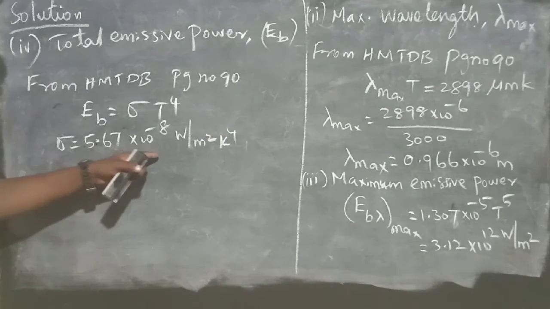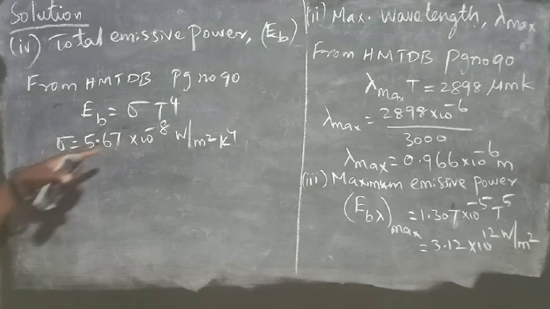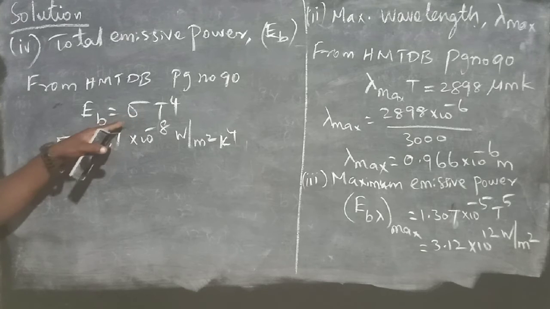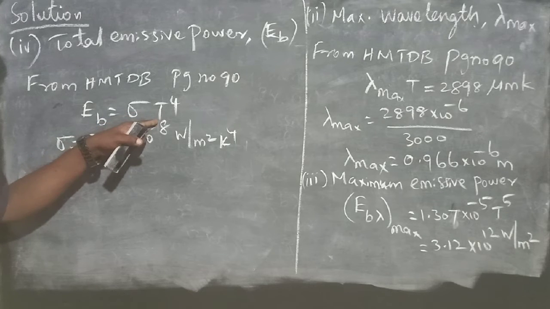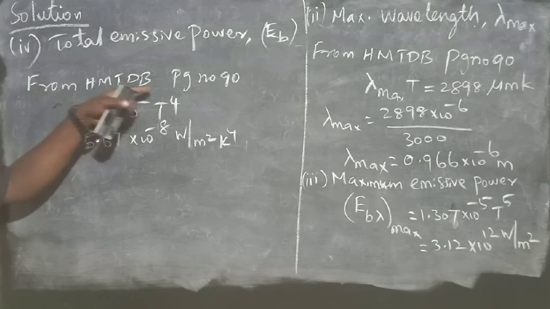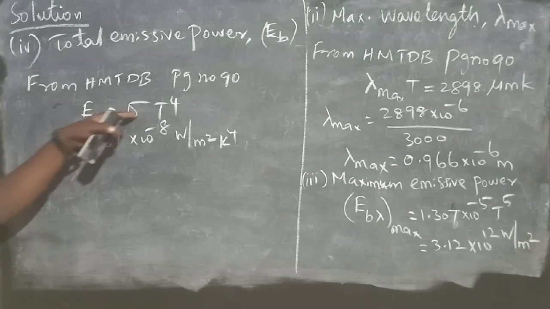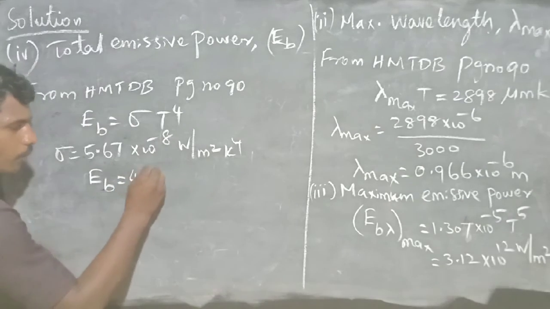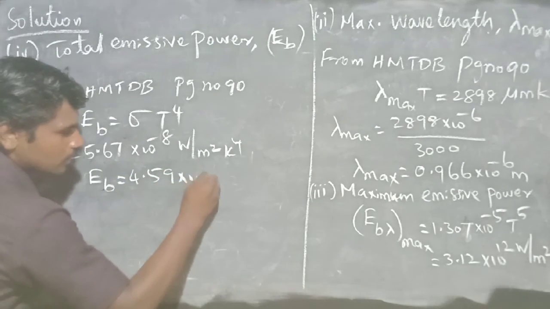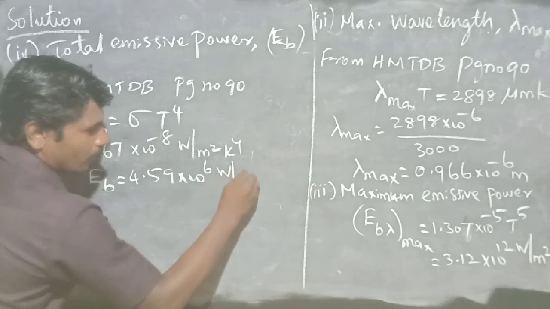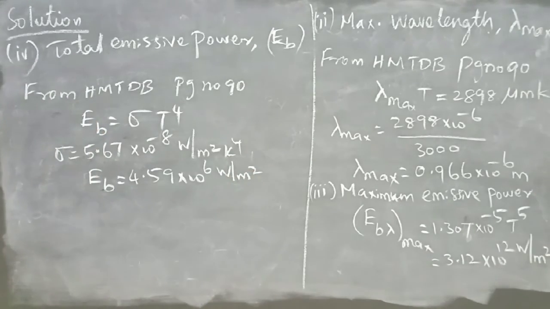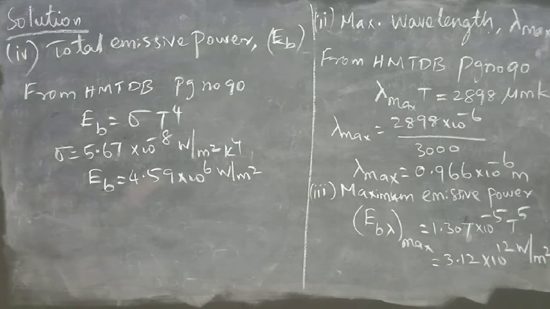Now we know the Stefan-Boltzmann constant and the temperature, so we substitute both values here. It will be 4.59 into 10 power 6 watt per meter square.